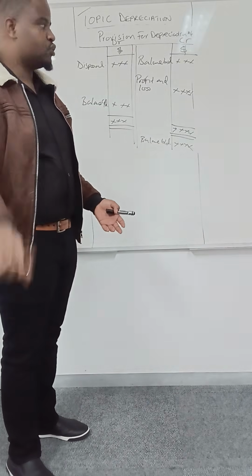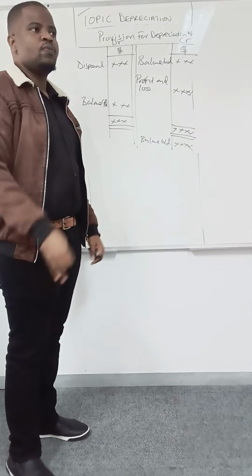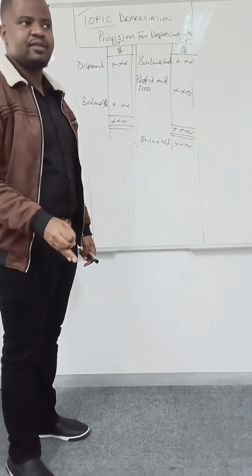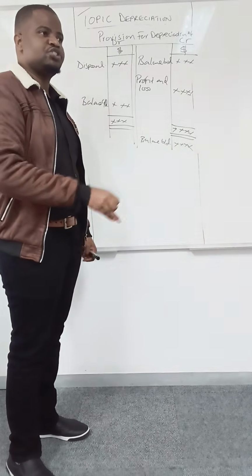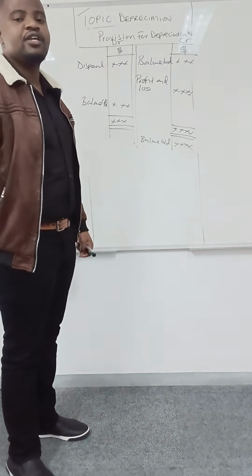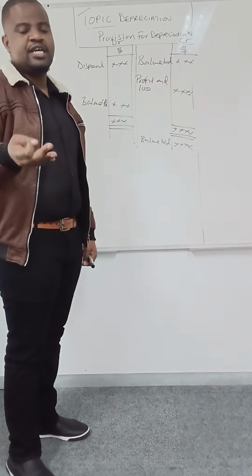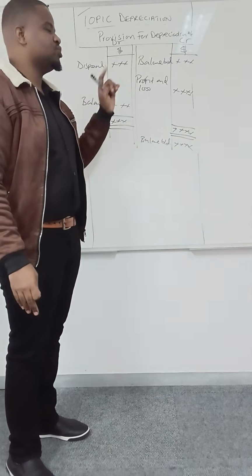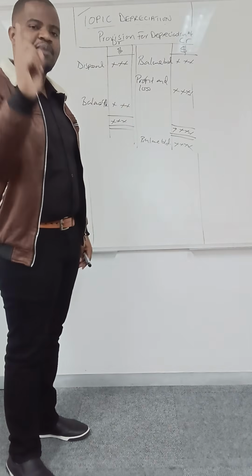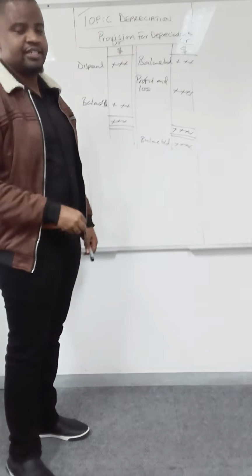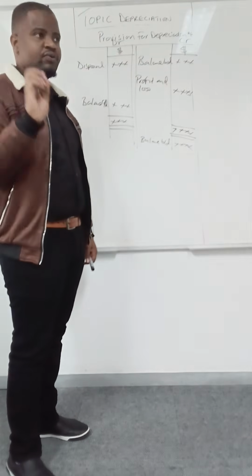Number 2, you need to know whether we are going to charge depreciation month by month, or charge depreciation ignoring the month by month basis, for the full year. Number 3, whether we are going to charge depreciation in the year of disposal or not. Right. Those 3 are important to check.